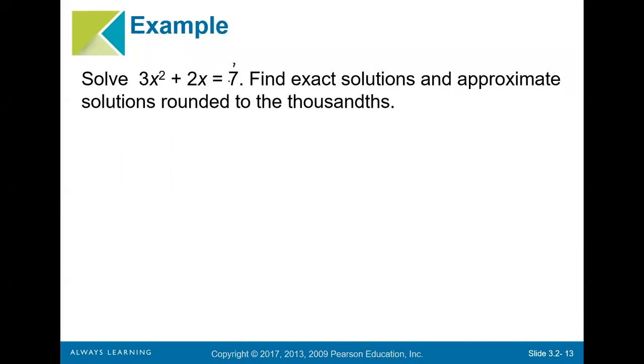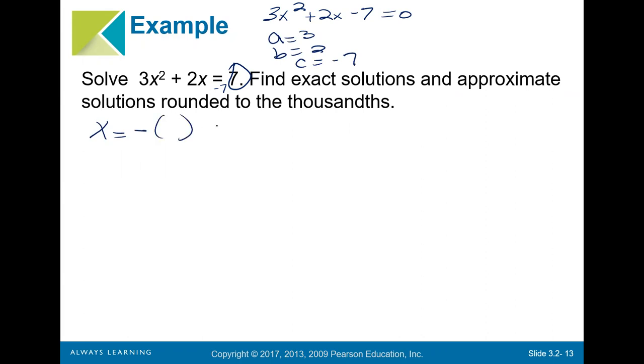I notice this constant is isolated, and I need it on the other side. Since it's positive, I want to subtract it. So now I have 3x squared plus 2x minus 7 is equal to 0. I know a is equal to 3, b is equal to 2, and c is equal to negative 7. Let's plug it into our quadratic formula. I got negative b plus or minus square root b squared minus 4ac.